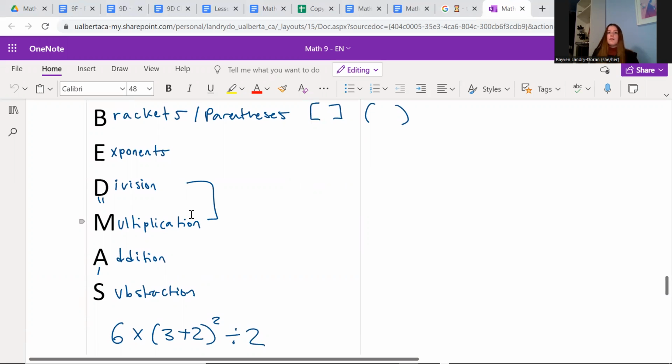So in this case, when you have division and multiplication, or maybe several divisions and several multiplications, you want to complete the operations from left to right. Isn't that cool?